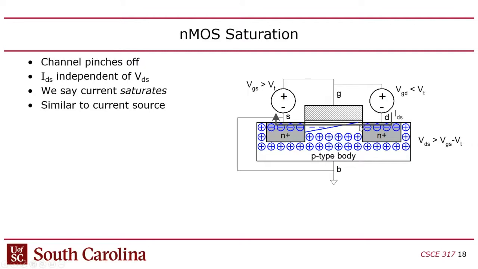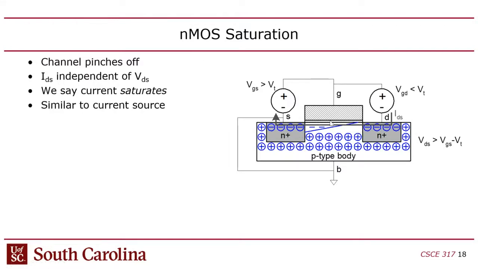And that will start to be less than the threshold. So you end up with this kind of pinch off thing here. Now that doesn't mean that it turns the transistor off. It just means that the amount of current that can flow, you can't have any more current. The total amount of current is going to be stopped, right?